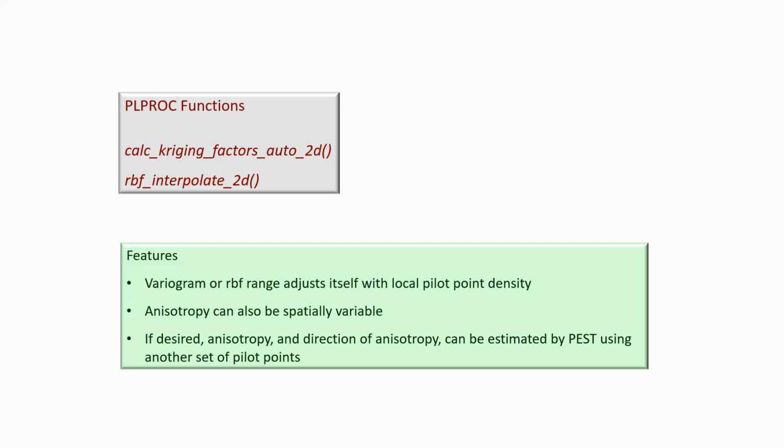If we want to have some directionality incorporated into the interpolation process, that is, if we would like heterogeneity to arise in certain directions rather than others, we can ascribe anisotropy to the variogram or the radial basis function. And that anisotropy can vary from place to place within the model domain if we wish it to reflect differences of geology which may prevail in different parts of that model domain.